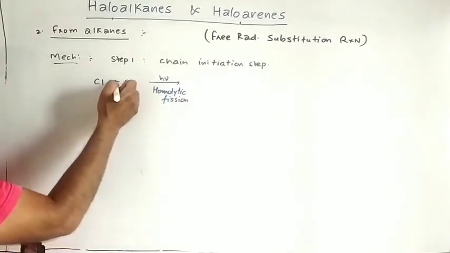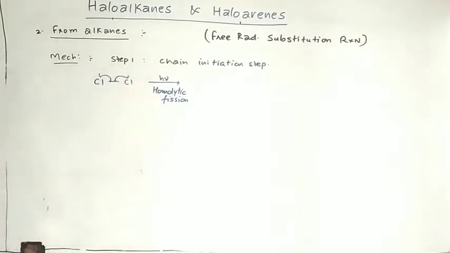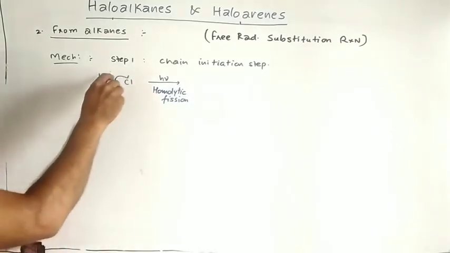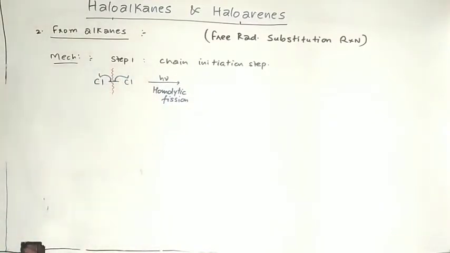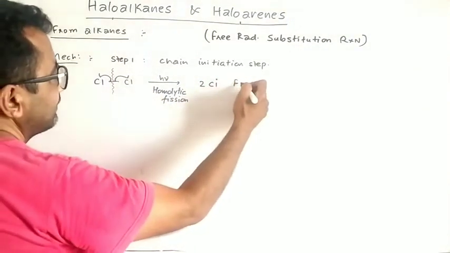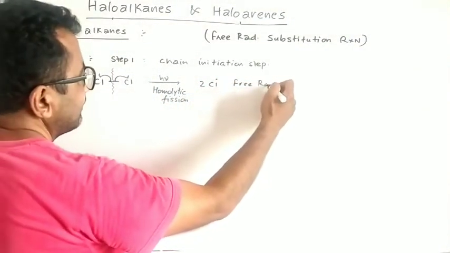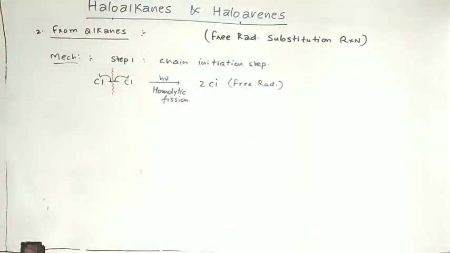What happens in homolytic fission? There are two electrons. One electron goes to this side, one electron goes to that side, and the bond breaks from here, so we get a chlorine free radical. This is the chain initiation step, in which light is used.